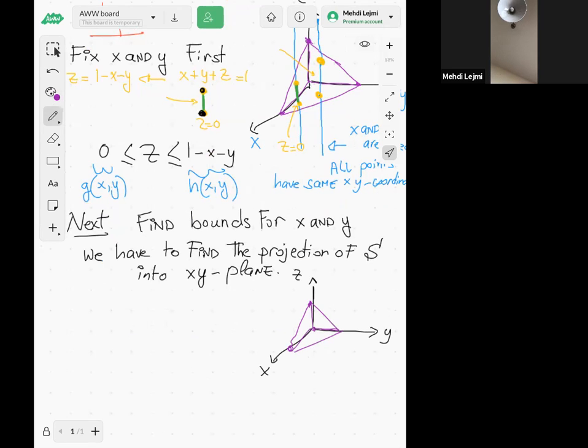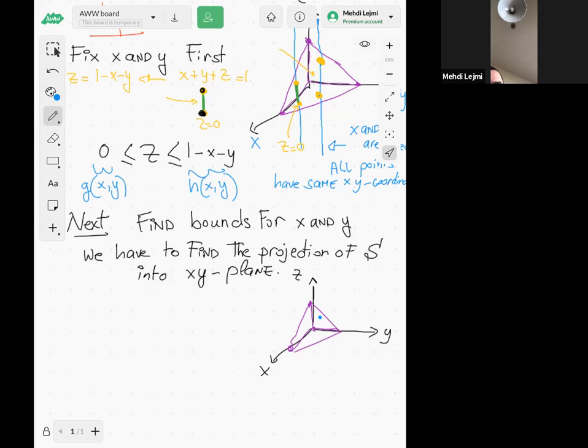To find the projection of your solid into the XY plane, we take all the points which belong to this solid S. For example, take this point in the solid S and take the perpendicular line to the XY plane passing through this point.